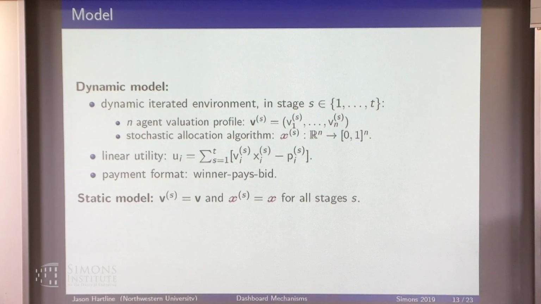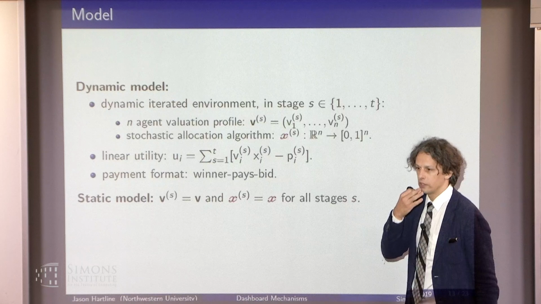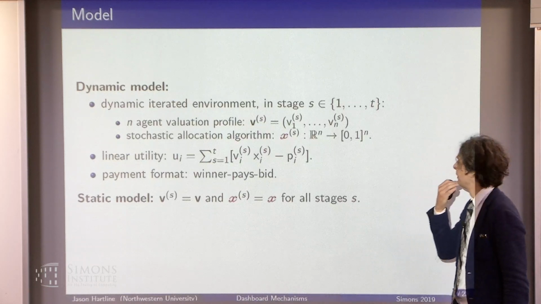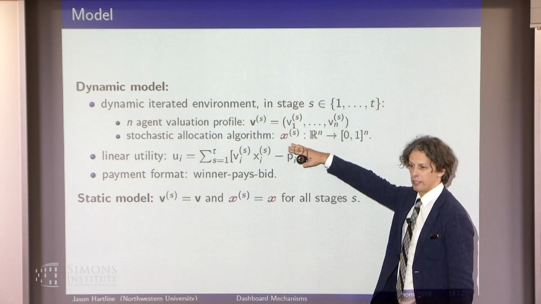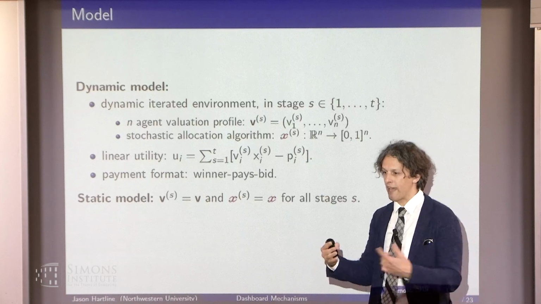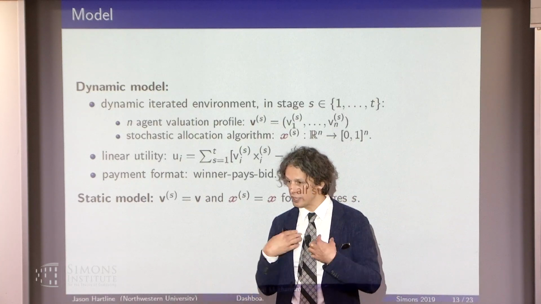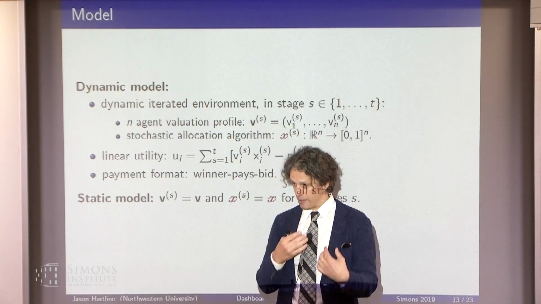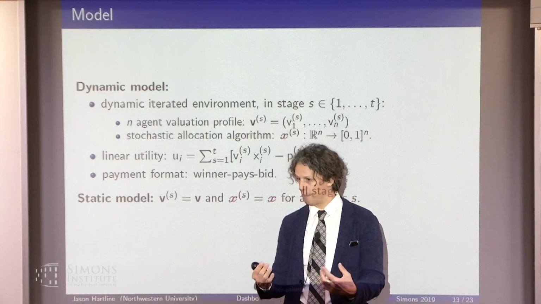Jason? Yeah? The input to X is the bid profile or the value profile? Yeah, so this is the allocation algorithm in value space that my engineers want. So I'm assuming my engineers found a good way to map values to who should win to optimize the platform. And my job is to design the bid allocation rule in bid space that has good properties with winner pays bid payment semantics.